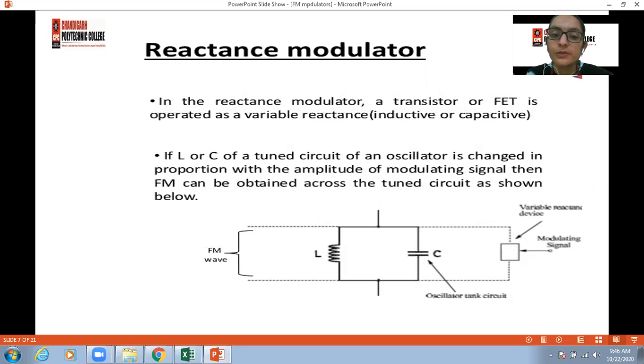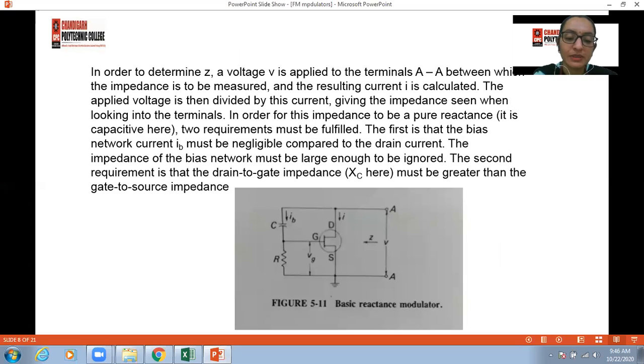The basic reactance method generally consists of a biased BJT or FET, which exhibits a variable reactance with the change in modulating signal. The basic structure of the reactance modulator using a FET, which behaves as a three-terminal reactance, is connected across the tank circuit of the oscillator to be frequency modulated.